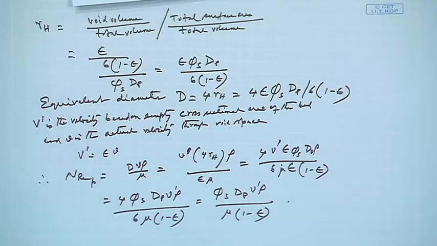So, till now we have defined many things for packed bed. Number 1, we have said what is the area, then the specific surface area, then the hydraulic radius, the hydraulic diameter, and also the sphericity. Then after that, we came to N Re, that is Reynolds number, right.